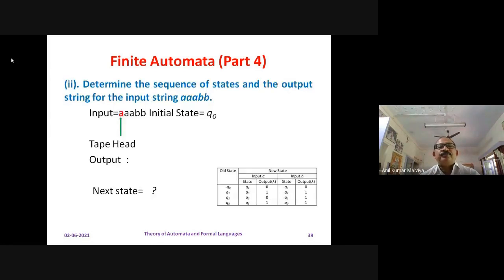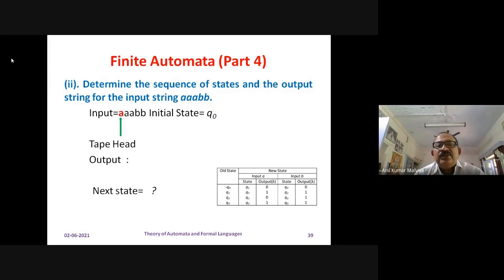Next, here we want to determine the sequence of states and the output string for the input string AABB. As we know, machine always starts from the initial state. What is the initial state?